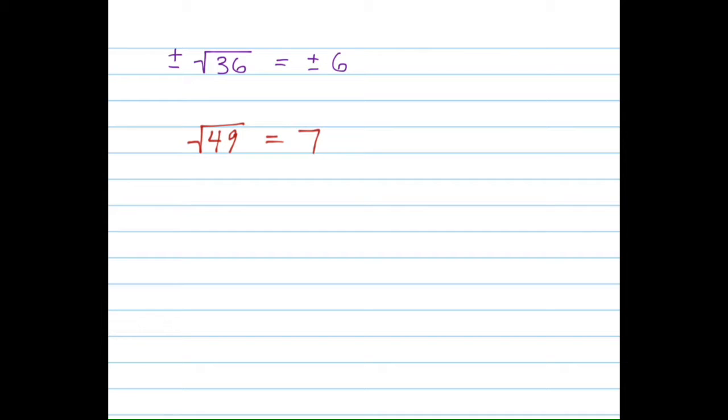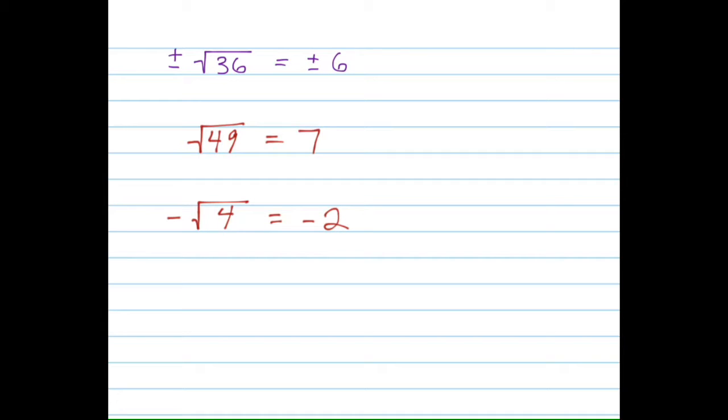Because 7 squared is 49. Make sense? Or if we have a negative in front, negative square root of 4, what would that equal? Yana? Negative 2, because 2 squared equals 4. Everybody okay with that so far?